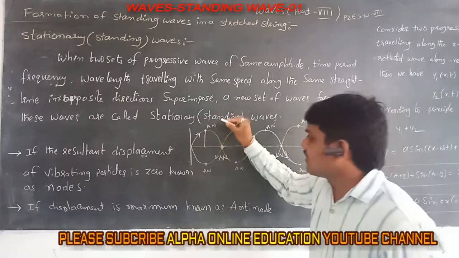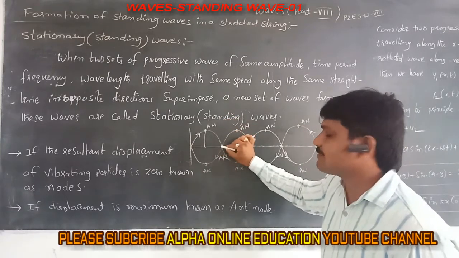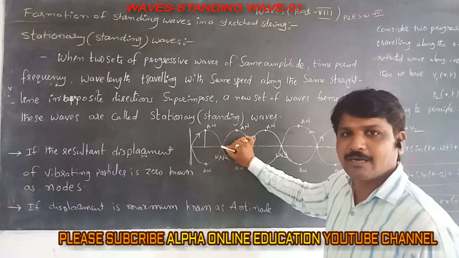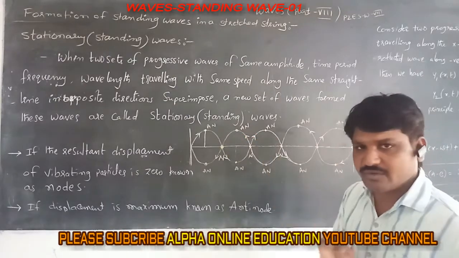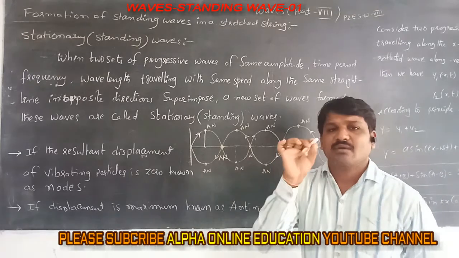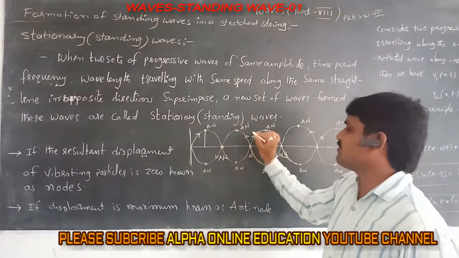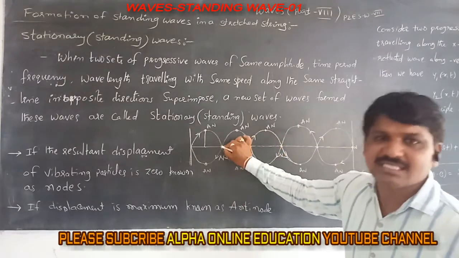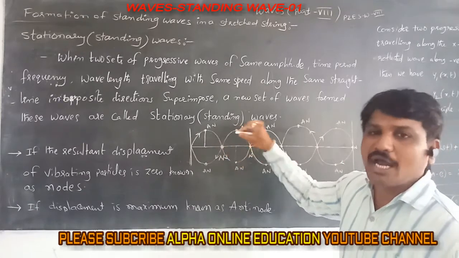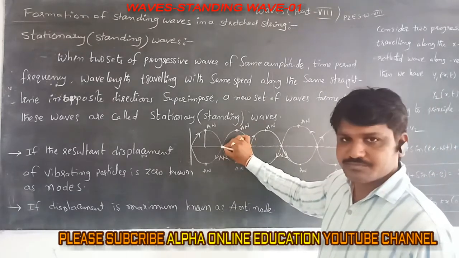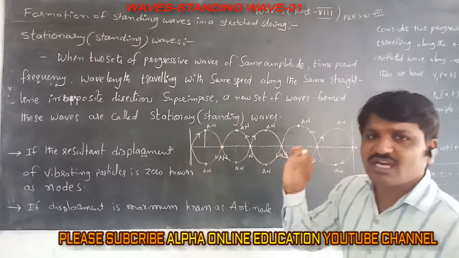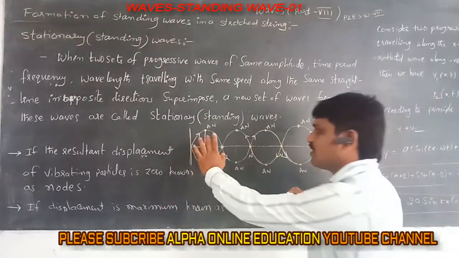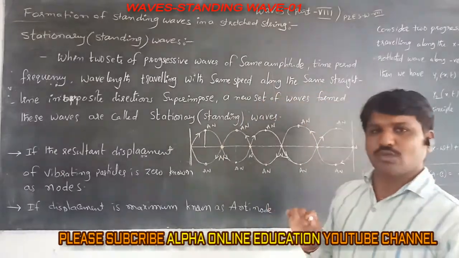If the resultant displacement of the vibrating particles is zero, that is called a node. Once again, when the resultant displacement of the vibrating particles is zero or minimum, it is a node, and when it is maximum, it is called an antinode.